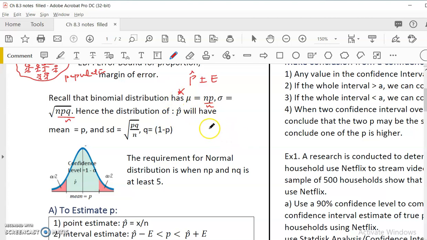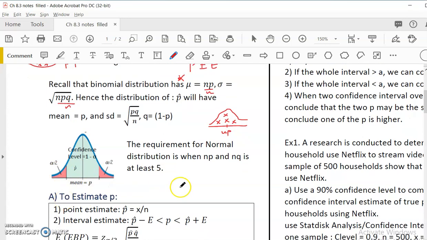So you would see that because x is normally distributed, and you have different x from different samples, they're normally distributed with the mean of np. So p hat will be normally distributed with the mean of p.